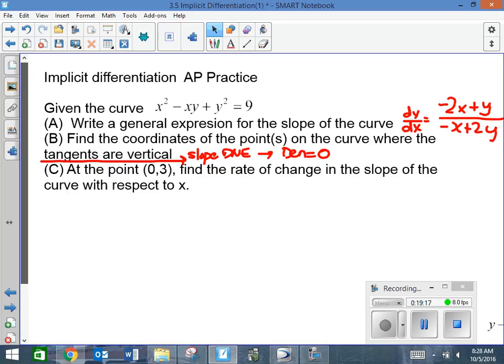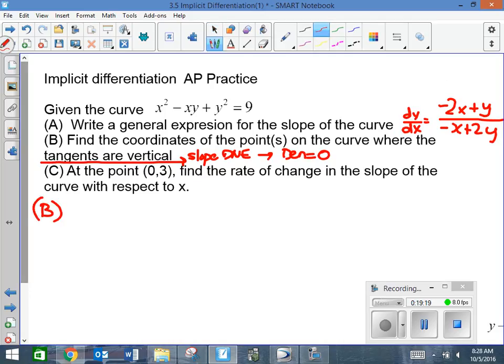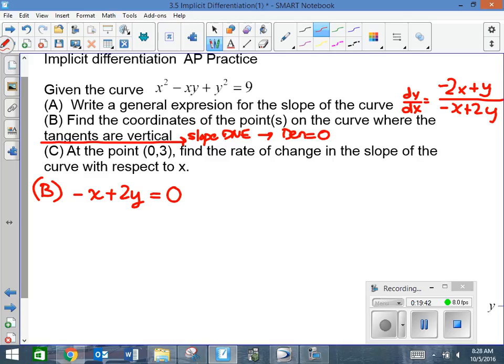All right, part B. Negative x plus 2y equals 0. Find the coordinates of the points, maybe more than one, on the curve where the tangents are vertical. So what do we know here? 2y equals negative x, so y equals negative 1/2 x.